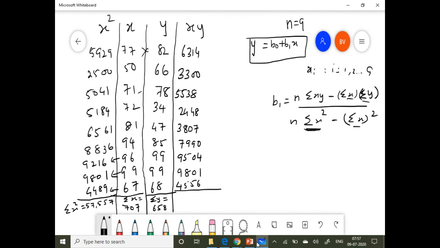Now when you sum all those things, we call it summation xy, which is equal to 53,258. Almost done, isn't it?